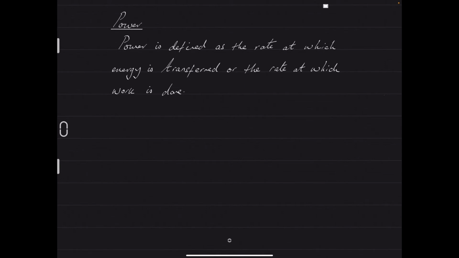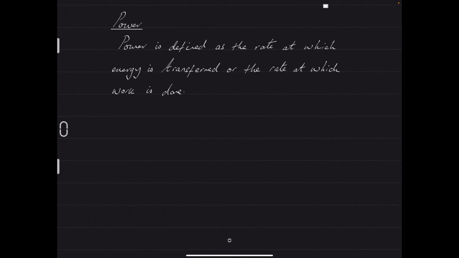For example, in a TV, we were looking at how electrical energy is transferred to light and sound energy. We have looked at how chemical potential energy in fuels is transferred to give us kinetic energy for a car. So we are looking at the transference of energy.